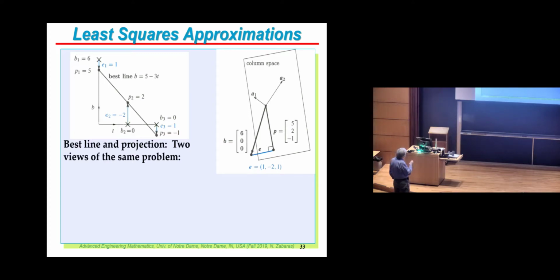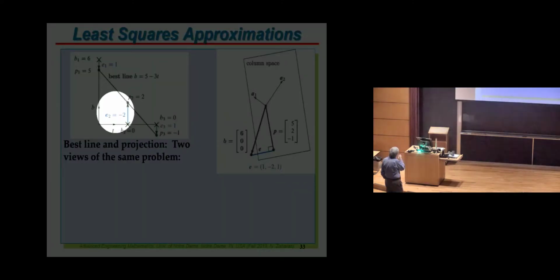And look at the following thing. If I look at this picture, you notice here it says b1 is my observation point, and I see a point p1 that's on the actual line, I see a point p2, and I see a point p3. Guess what?